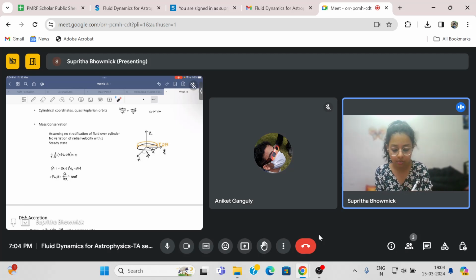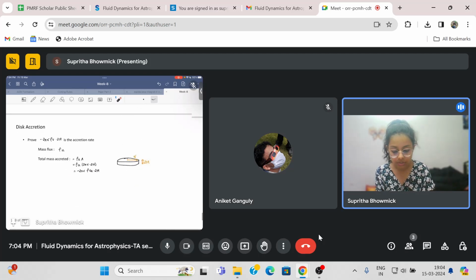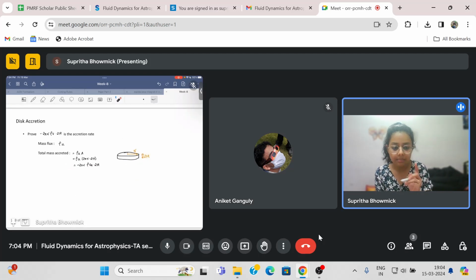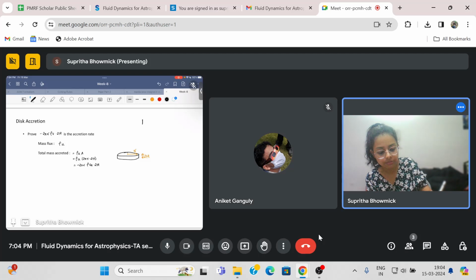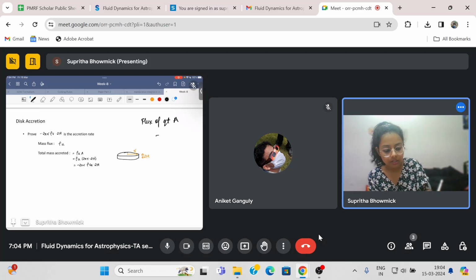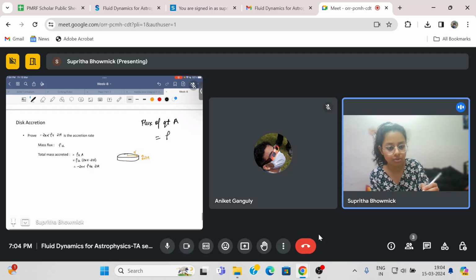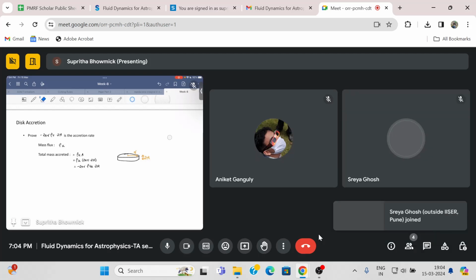So this is what mass conservation tells us. Now, why is this true? Why is the accretion rate equal to this? If you remember, the mass flux was rho times u. If you want the flux of a quantity A, you take the density of the quantity, multiply it by u, and you get the flux of that quantity. This was discussed in the very first lecture, I think.